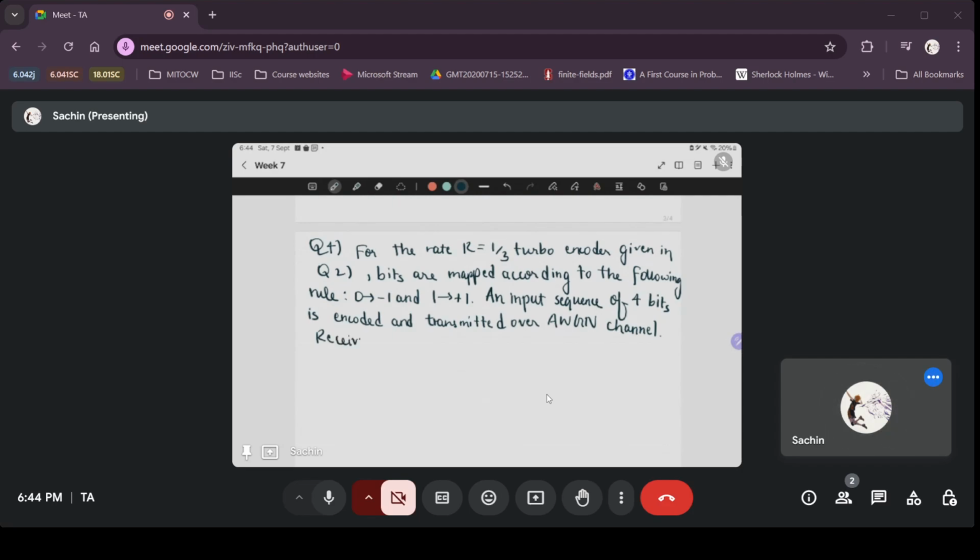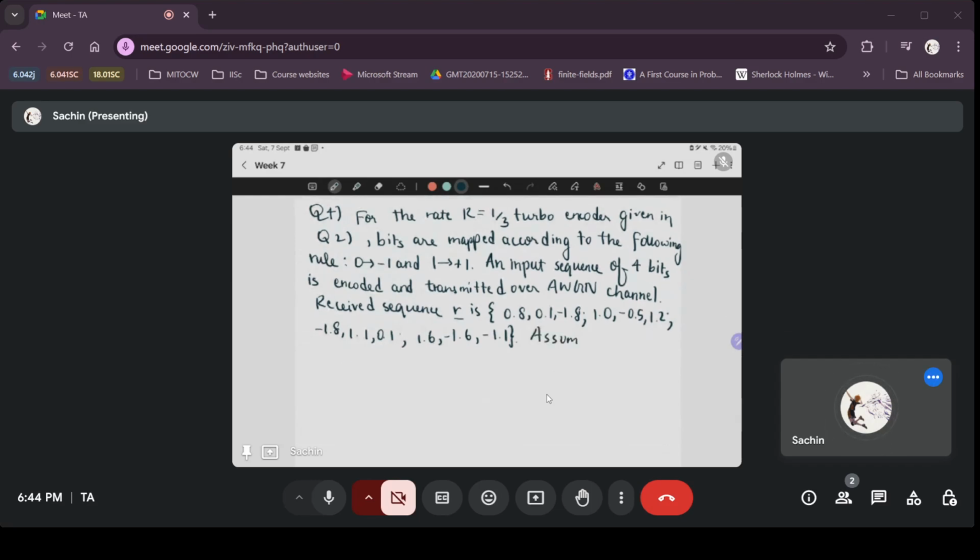Received sequence vector R is 0.8, 0.1, -1.8, then 1.0, -0.5, 1.2, -1.8, 1.1, 0.1, finally 1.6, -1.6, -1.1.